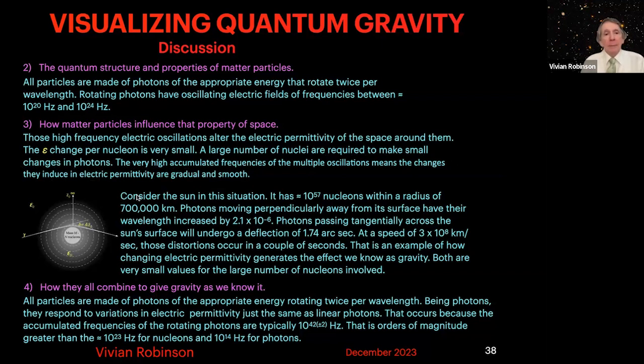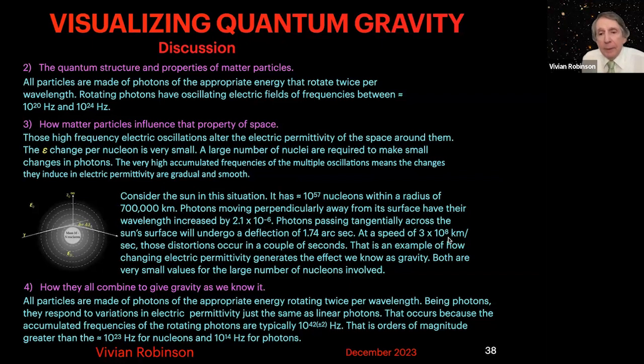Consider the sun in this situation. It has 10^57 nucleons within a radius of 700,000 kilometers. Photons passing perpendicularly away from its surface have their wavelength increased by 2.1 times 10^-6. Photons passing tangentially across the sun's surface will undergo a deflection of 1.74 arc seconds.